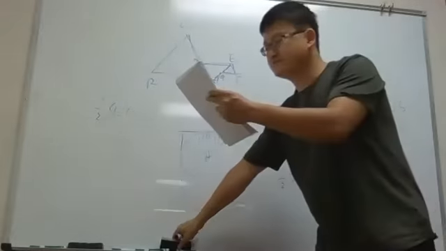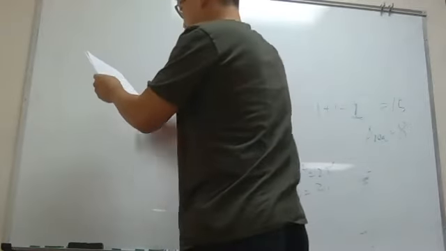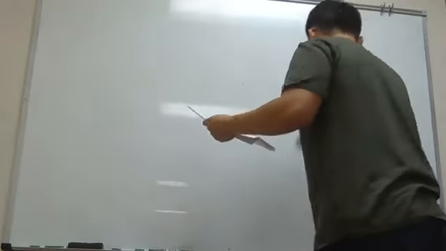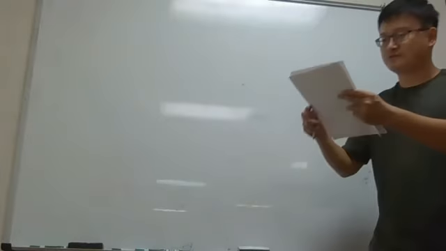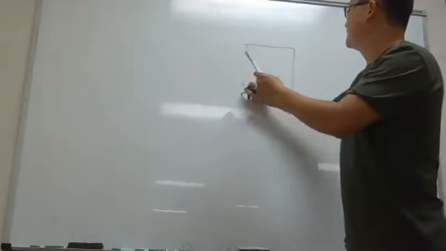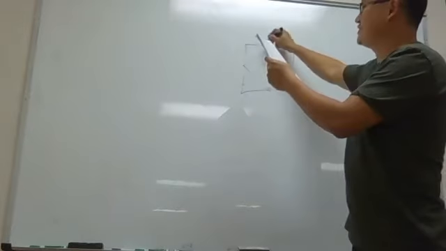Okay, so next one. We have a square here, and then you have an inscribed square with all the midpoints A, B, C, D, right?